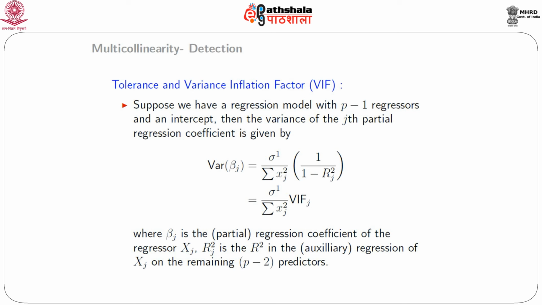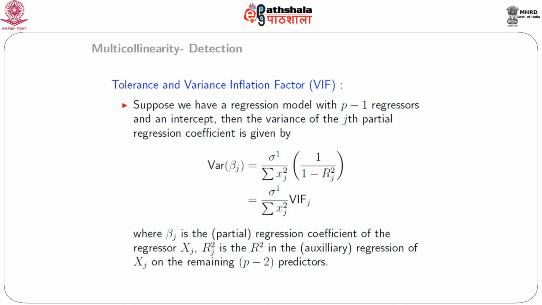Suppose we have a regression model where there are p minus 1 regressors and an intercept, which means a total of p regression coefficients. Then the variance of the jth partial regression coefficient, beta j, will be given by variance of beta j equals sigma square divided by summation xj square times 1 divided by 1 minus Rj square, which can be written in terms of the variance inflation factor.